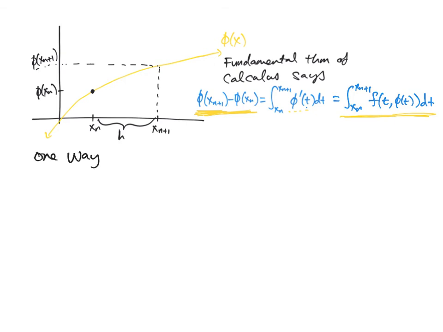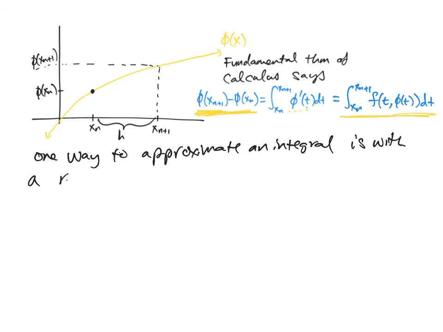So one way to approximate an integral is with a rectangle. Let's call this integral here I, because I don't want to write it again. I is approximately equal to a rectangle that has height, we can take the height of the rectangle if you just plug in one of the endpoints into the function.